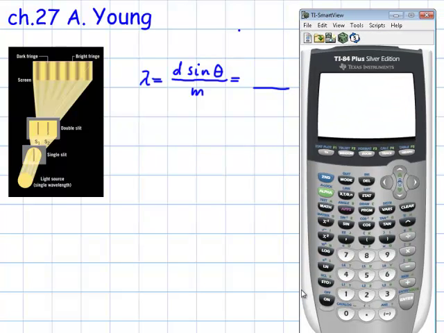I would come up with 3.8 times 10 to the negative 5 times sine of 2.0 degrees, two significant figures by the way, divided by the second order. That's an exact number here. So I come up with 6.63 times 10 to the negative 7, and that would be in meters.